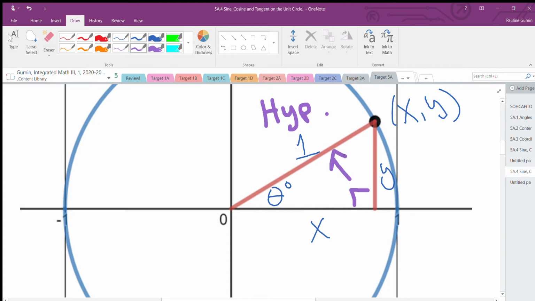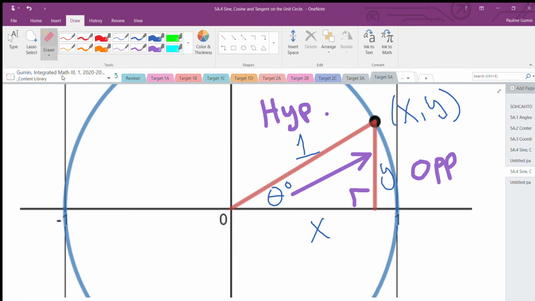Next let's take a look at opposite. If I look at my angle and I go opposite it, the side here is y, so OPP for opposite, because we're using zeros and I don't want to confuse you. And lastly, of course, we're left with adjacent. That would be here. Adj.